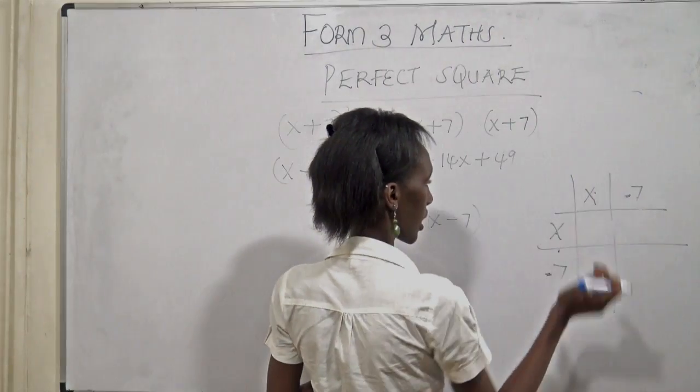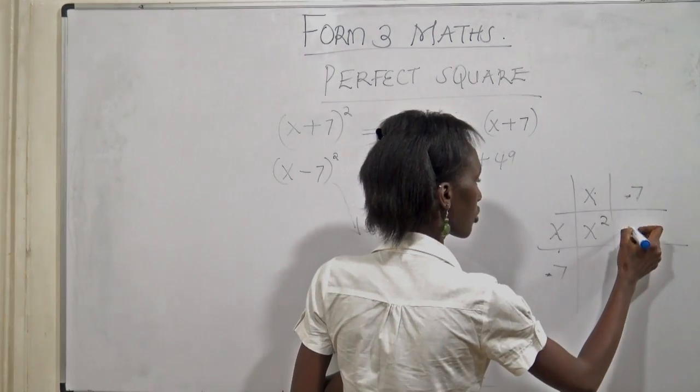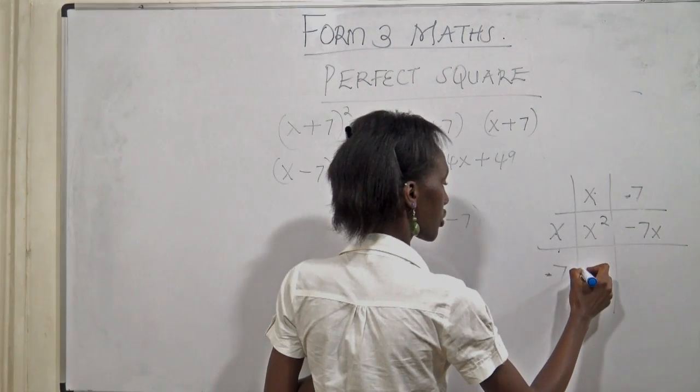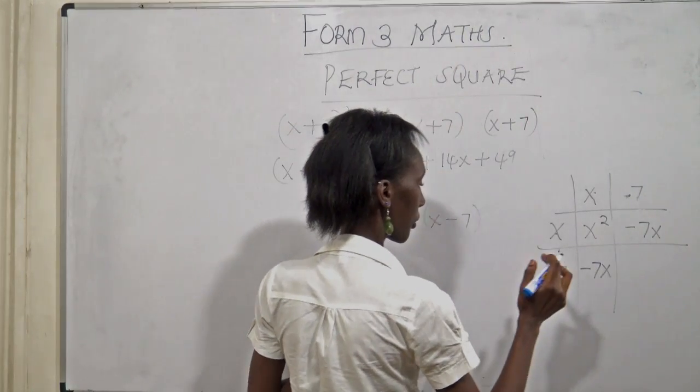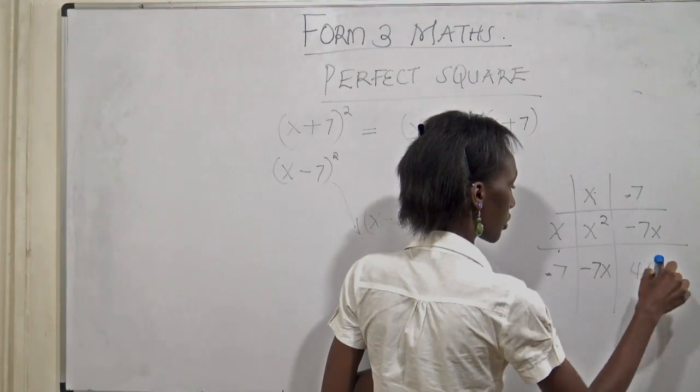So x times x gives me x squared. x times minus 7 gives me minus 7x. Negative 7 times x gives me negative 7x. And finally, negative 7 times negative 7 gives me 49.